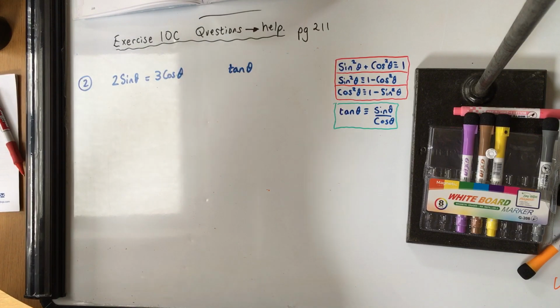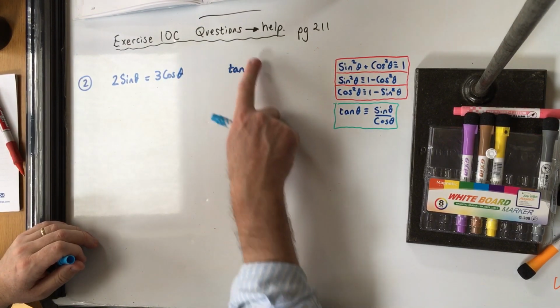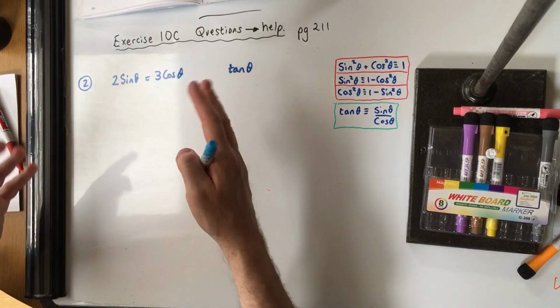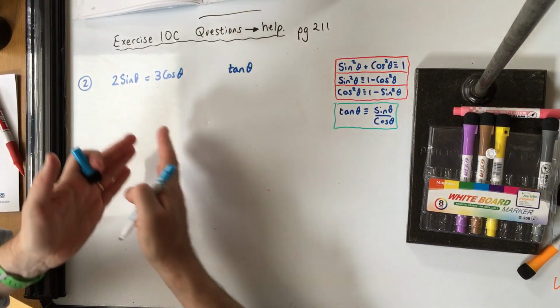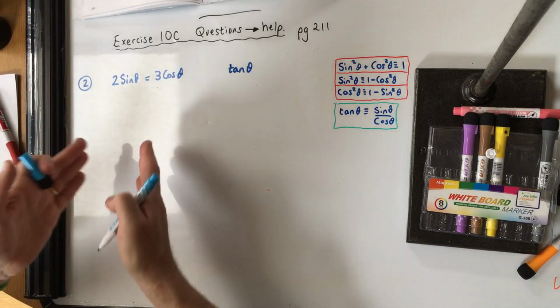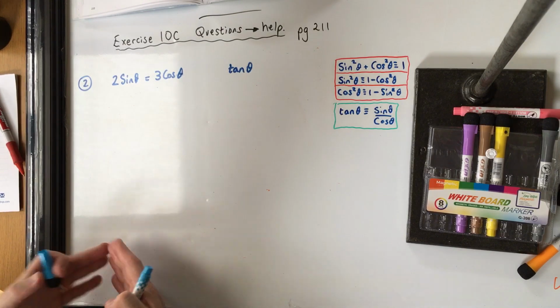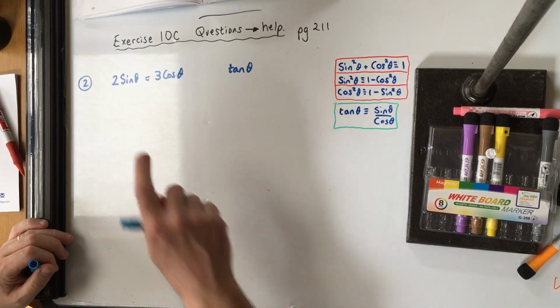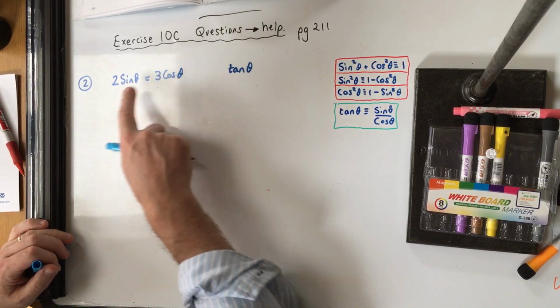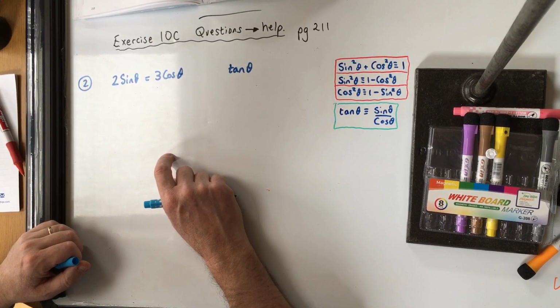And when you want to get a single thing to solve it with, remember, you're always trying to get down to either sine theta equals, or cos theta equals, or tan theta equals, one of these to solve. You don't want, in an equation, mixtures of sines and coses in general.